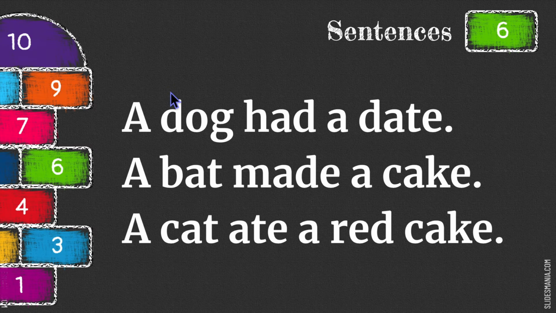Let's try some sentences. Remember that words ending in a vowel at this point in our program will use the vowel's long sound, although the word A, when we are speaking quickly, often turns into a muffled sound. A dog, dog. Add, had.